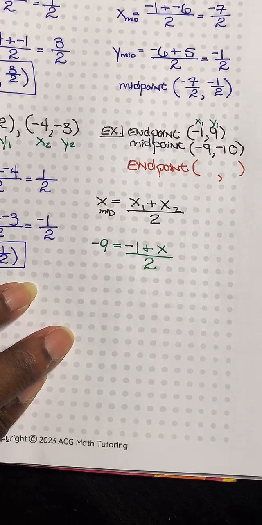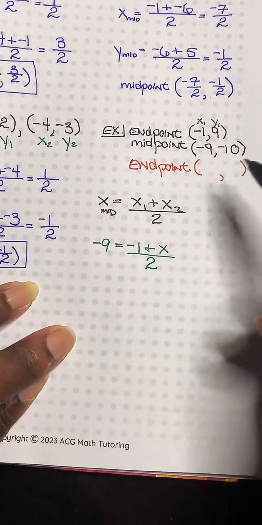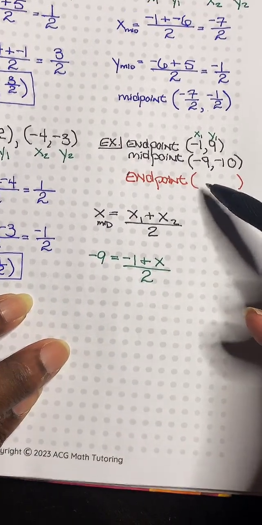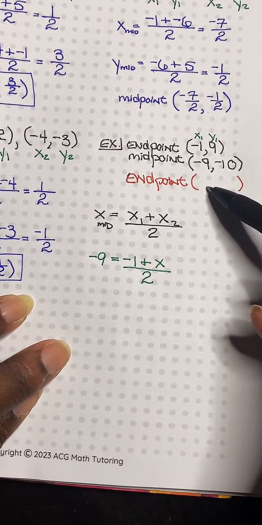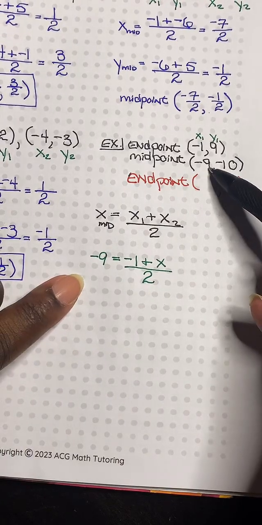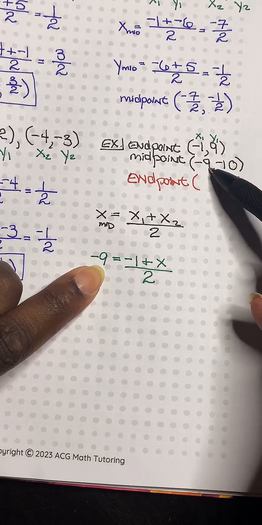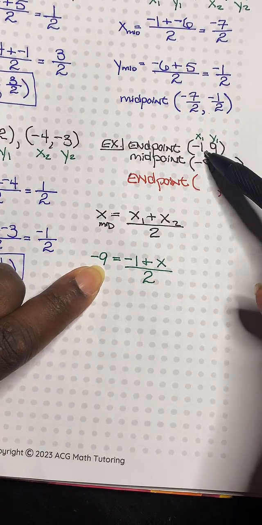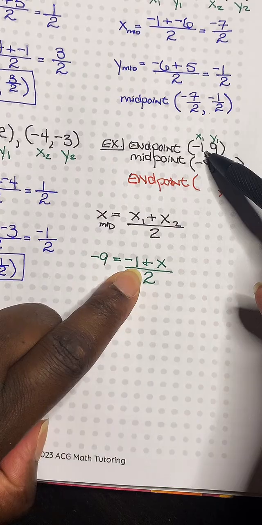Okay. So now, if we're trying to find this missing endpoint, we're just working on the x values. So I need the x value of the midpoint. That's where the -9 came from. I need an x value of one of the endpoints that we know. That's where the -1 came from.